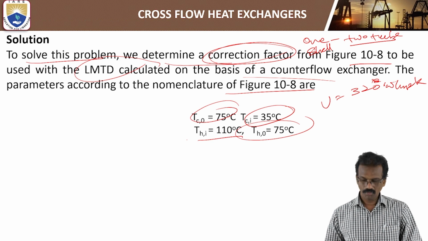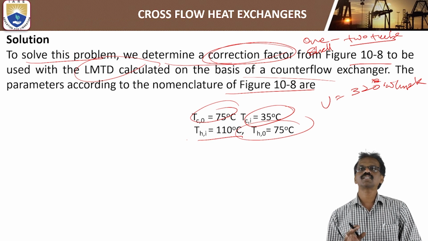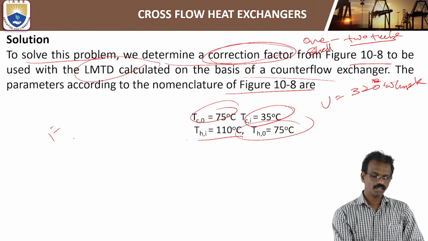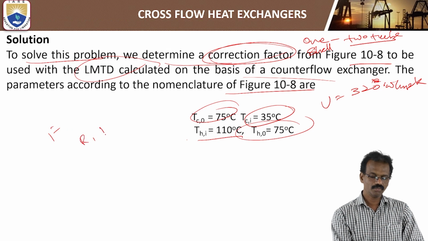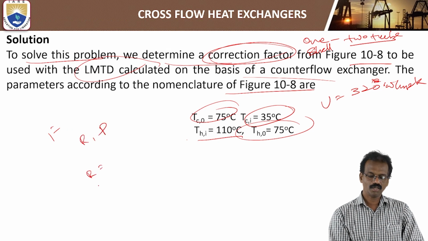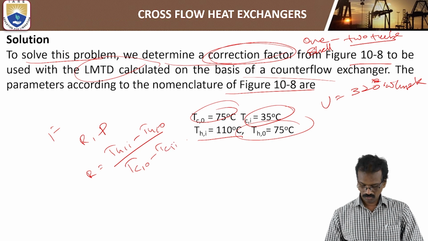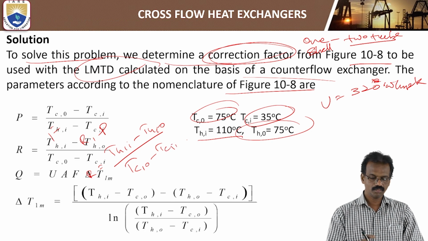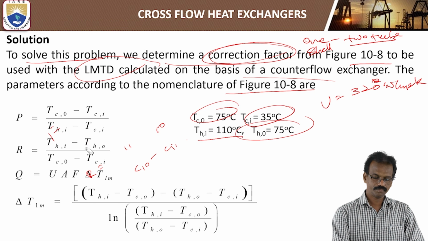First of all, we will find the correction factor, F value. F depends upon R and P. You know the formulas, R is equal to (Th1 minus Th2) divided by (Tc2 minus Tc1). The formulas are already given; you can check.